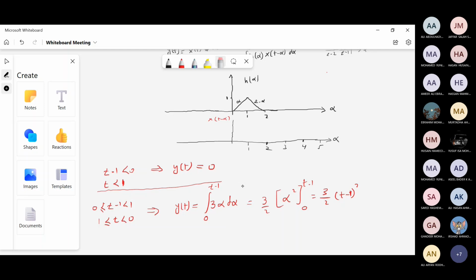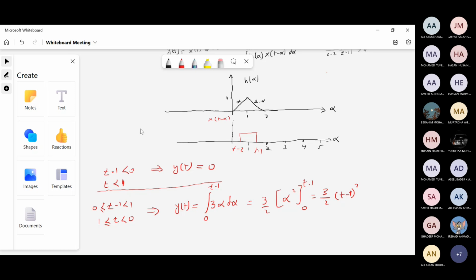If you move it a little bit more, then it becomes somewhere here. So this one will be equal to t minus 1, and this is t minus 2.